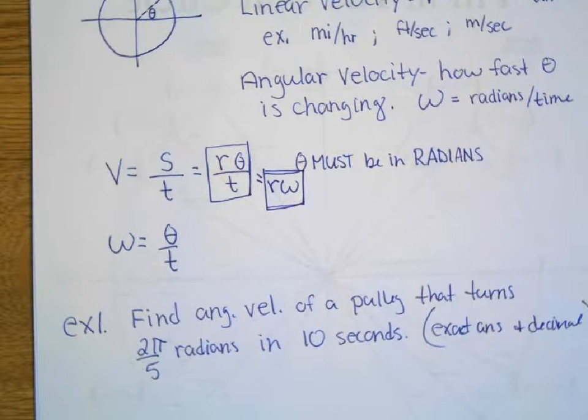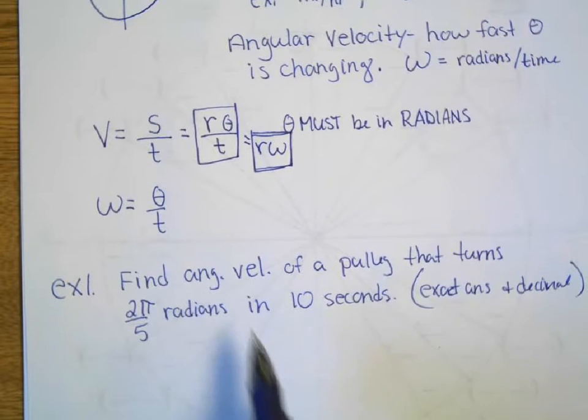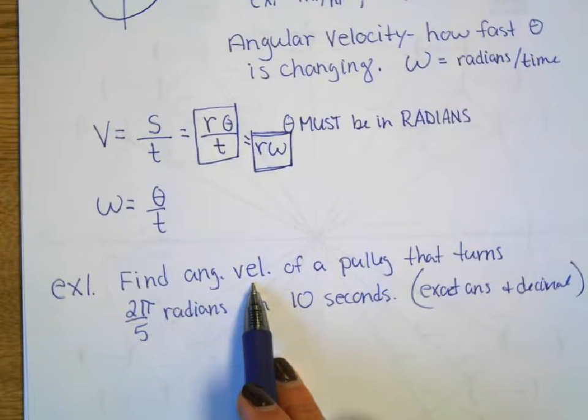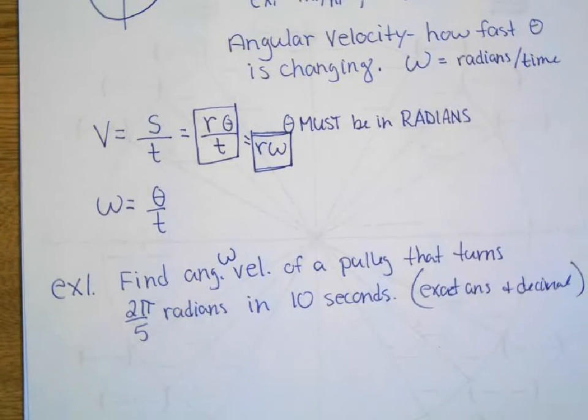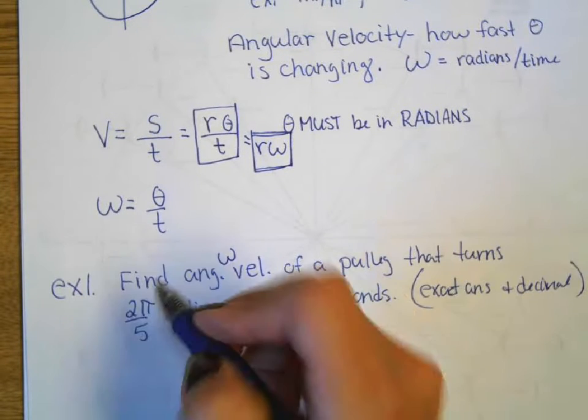Okay, so it's all about the words and the units that are going to tell you what everything is, so focus on that. First of all, it says find angular velocity. What's our symbol for angular velocity? The W. 2 pi over 5 radians, what's our symbol for it? Theta, because it is radians.